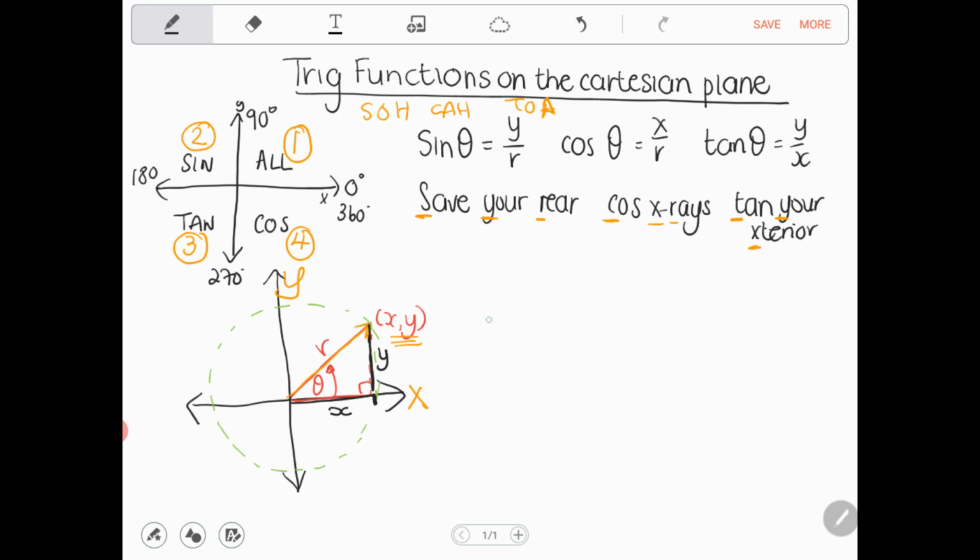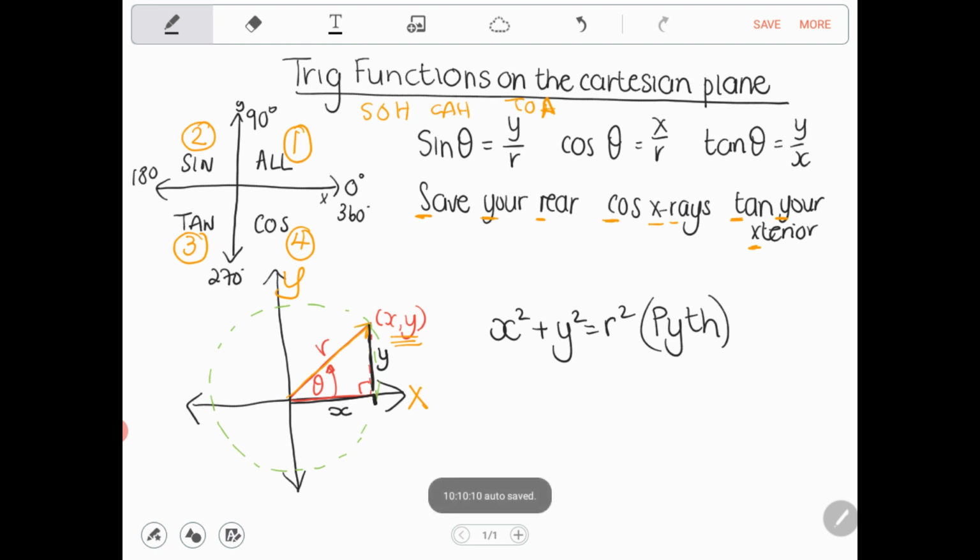So in the right angle triangle there, x squared plus y squared would give you r squared. So x, y, and r are related by Pythagoras' theorem. So if we have two of them, we can work out the third by using Pythagoras' theorem.